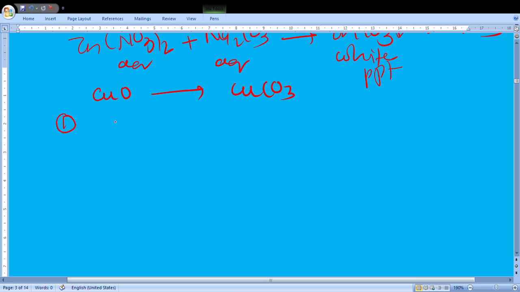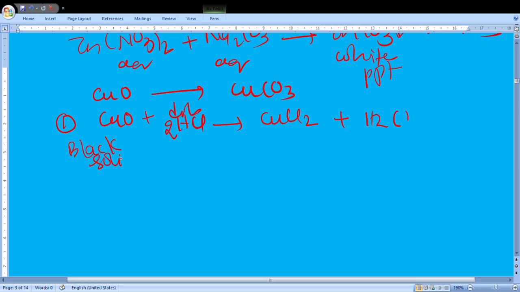First one, CuO plus dilute HCl. Because CuO is insoluble in water, it is made soluble by treating with dilute HCl to form CuCl2 plus H2O. This CuO is a black solid, and the CuCl2 will be a blue solution.